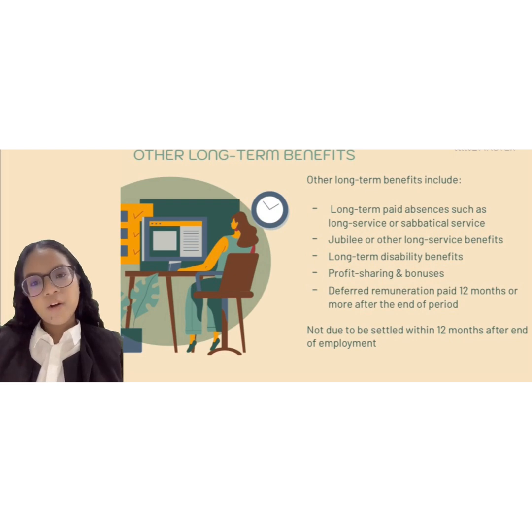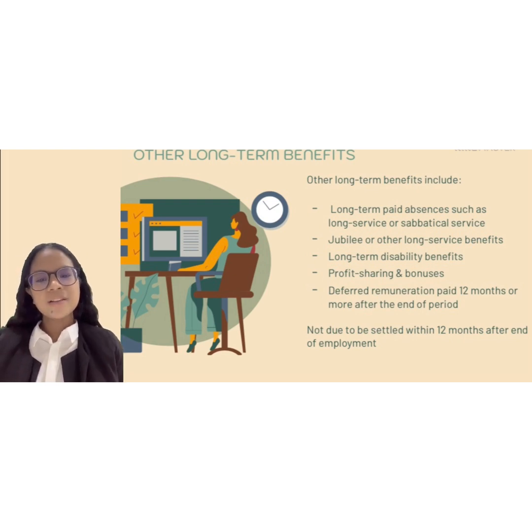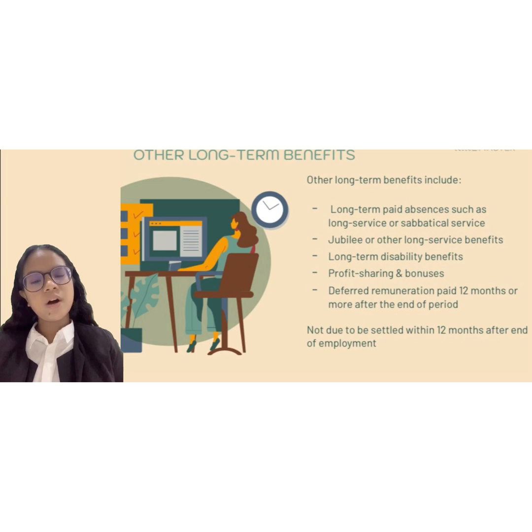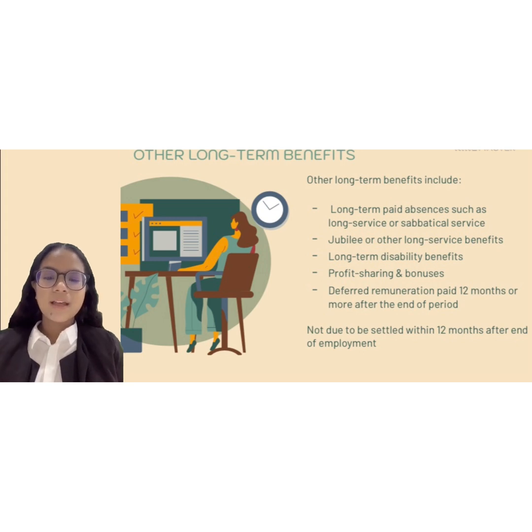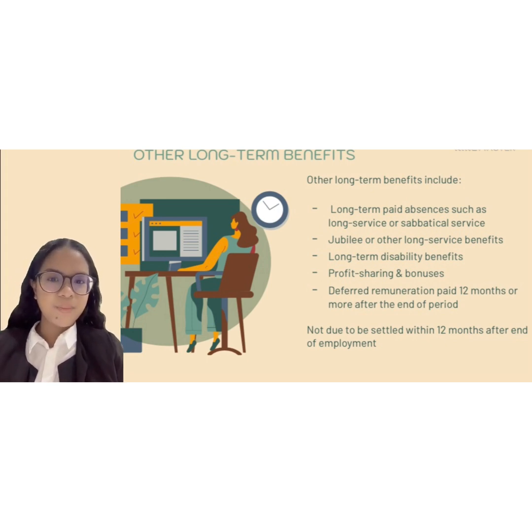The third type of employees' benefit is other long-term benefit. Other long-term benefits include long-term paid absence, such as long service or sabbatical service, jubilee or other long service benefit, long-term disability benefit, profit sharing and bonuses, and deferred remuneration paid 12 months or more after the end of the period, not due to be settled within 12 months after end of employment.